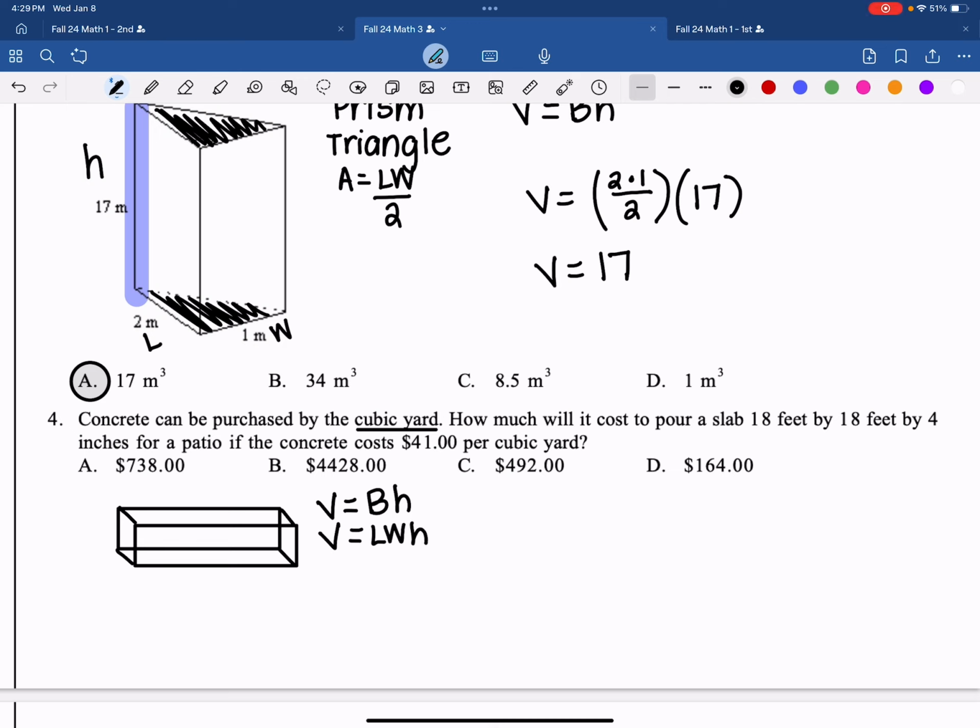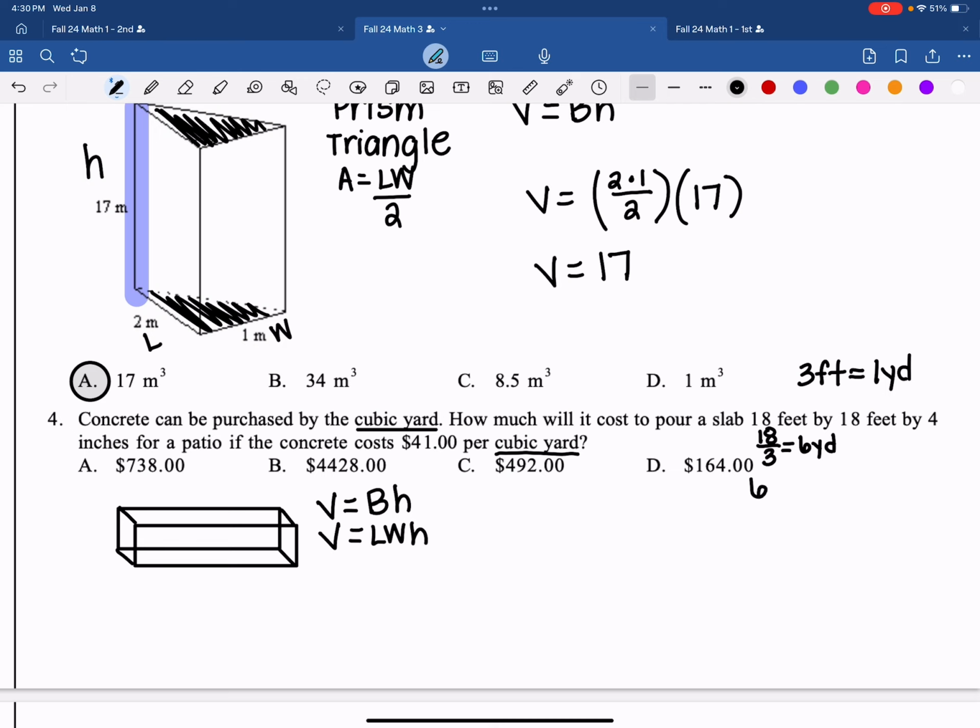Now, everything is based off of yards, so I need to convert all of these units into yards. So first thing I need to know is that there's 3 feet in 1 yard. So 18, I would convert that and say 18 divided by 3, that's going to be 6 yards. Same thing for this one, it's 6 yards.